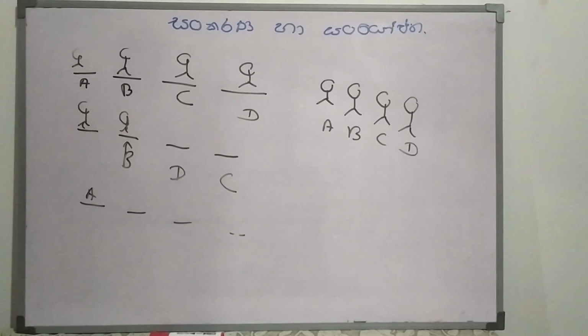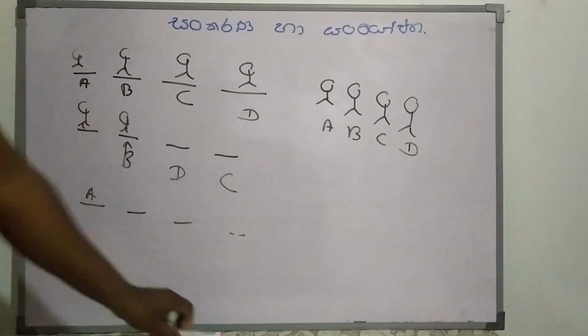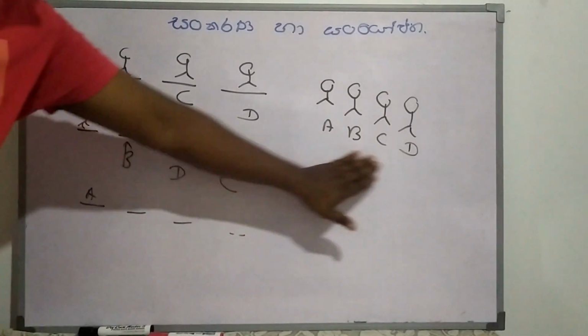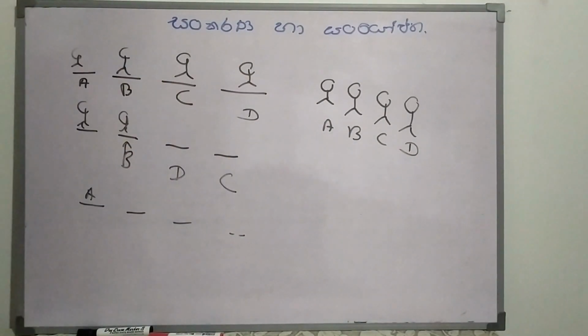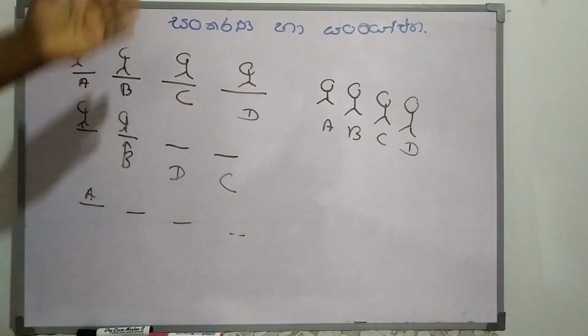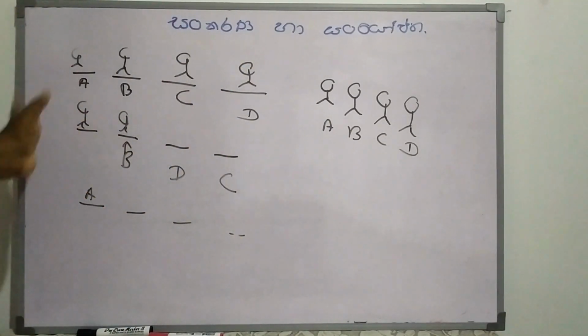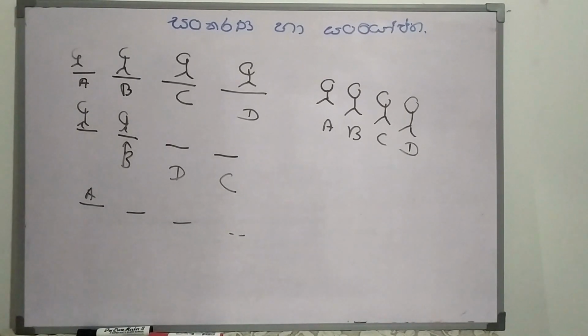A is here, and we can move B and D, right? Also A can be swapped with the others and B comes to the front. We have so many different arrangements. So this is the main idea of the lesson: we need to find the total number of arrangements. That is the main objective of the theorem.